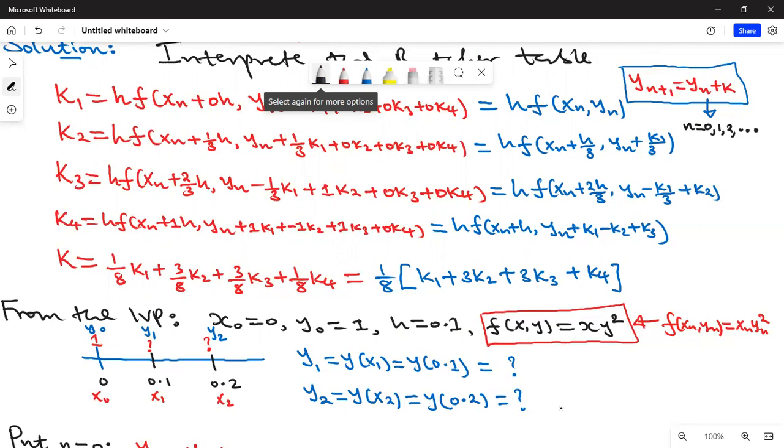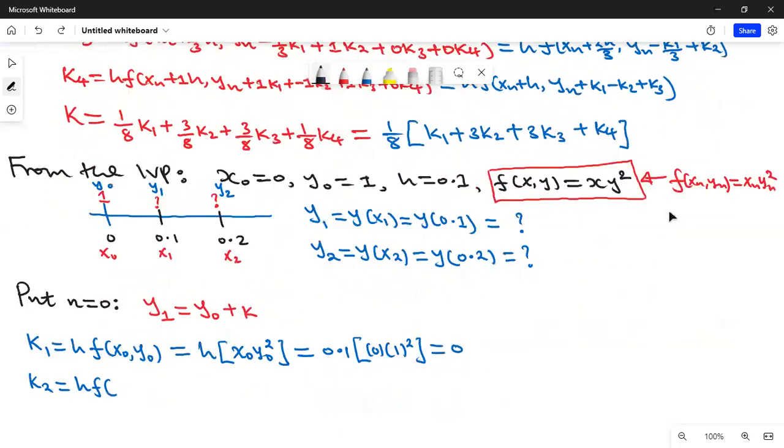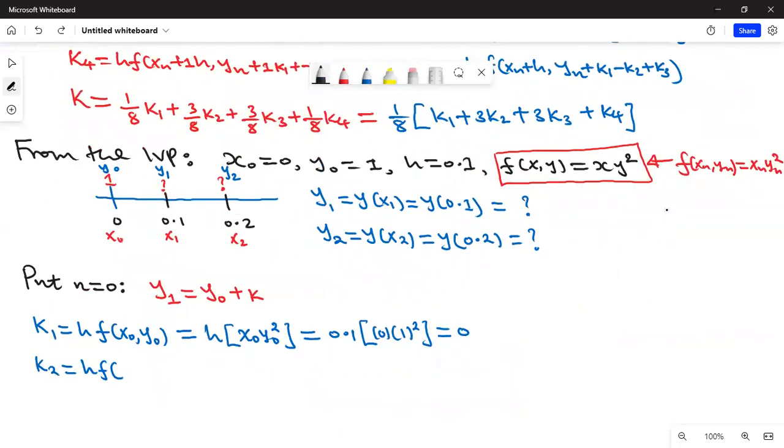But remember, n is 0, so that will give us x naught plus h over 3, comma, y naught plus k1 over 3.